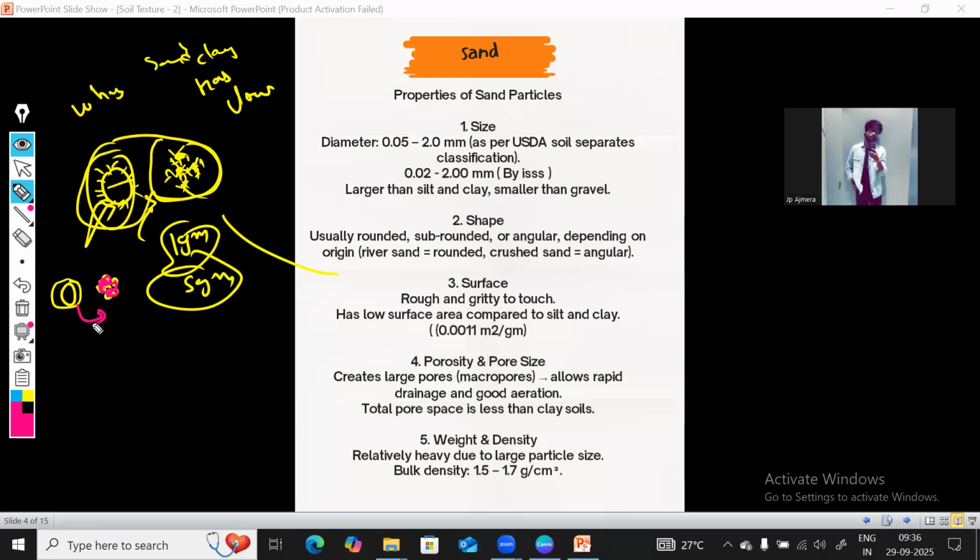That is why surface area is high for clay and silt and low for sand.